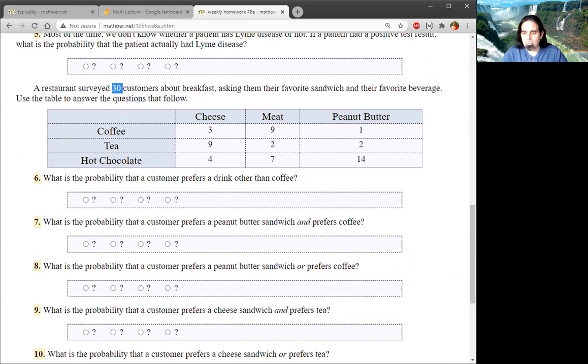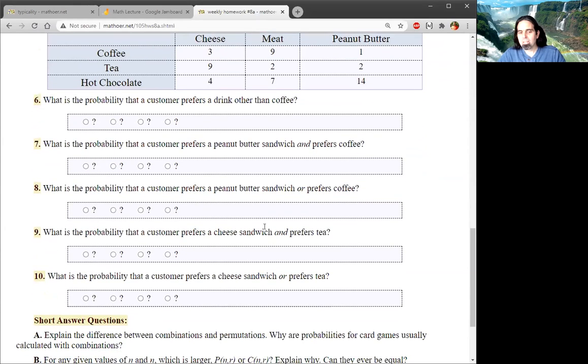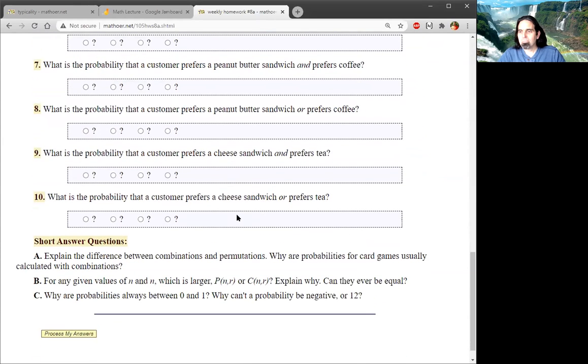Nope, I will get rid of that real quick. Okay, now it doesn't say 30. So what's the probability of this or that? So same kind of thing we did. And that's all of the 10 problems.